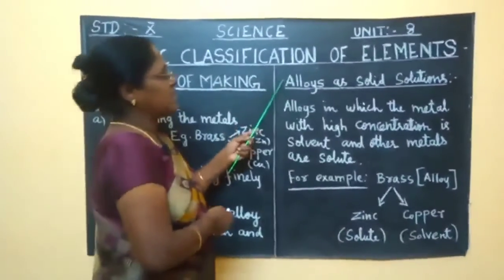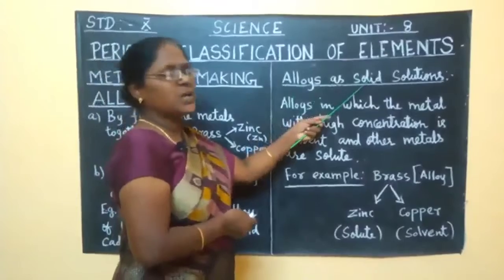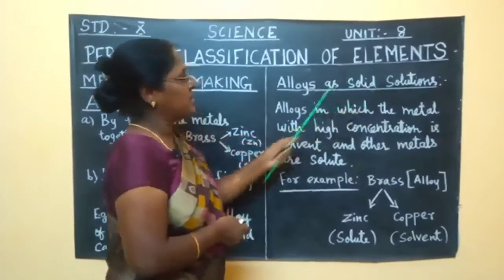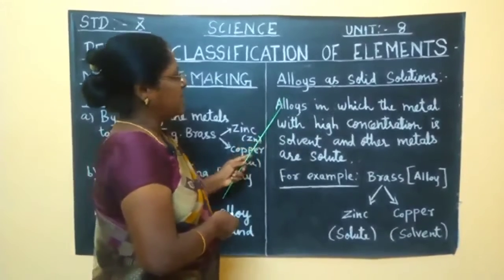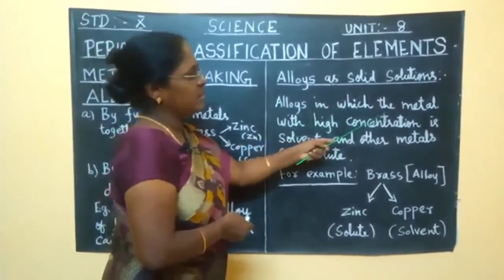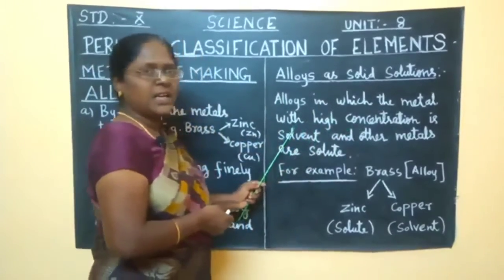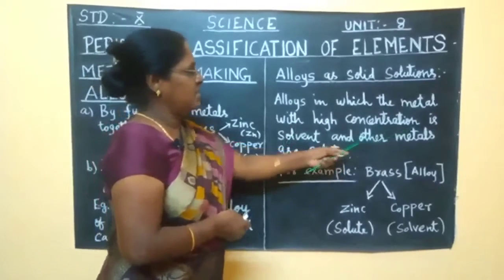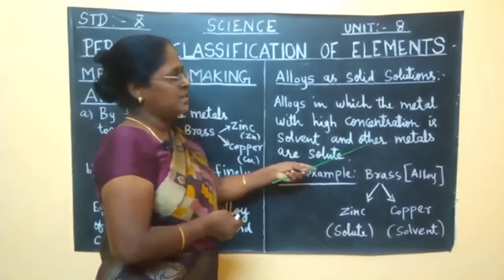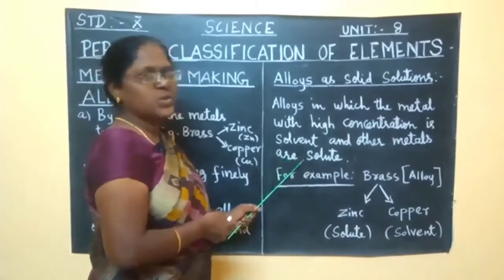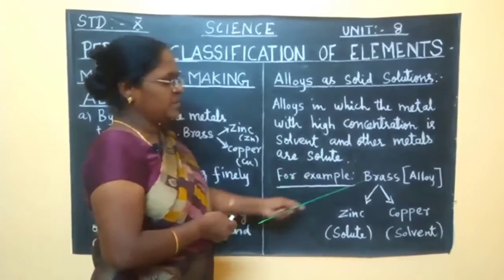Next one is alloys as solid solutions. So alloys are considered as solid solutions. Alloys in which the metal with high concentration is called as solvent. With low concentration, it is called as solute. For example, brass.